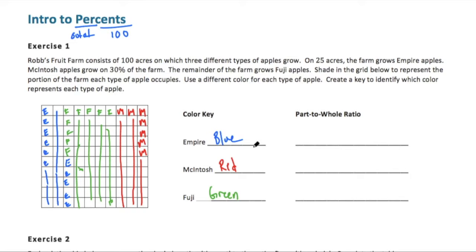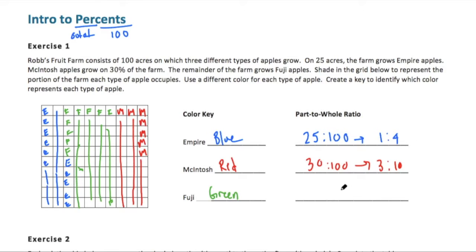Okay, great. So let's now establish a part to whole ratio for each of these. So they told us straight up that there was 25 Empire apples out of 100. So 25 to 100. That would simplify, of course, to 1 to 4. For our red Macintosh apples, there was 30 to 100. Or we could simplify that as 3 to 10.